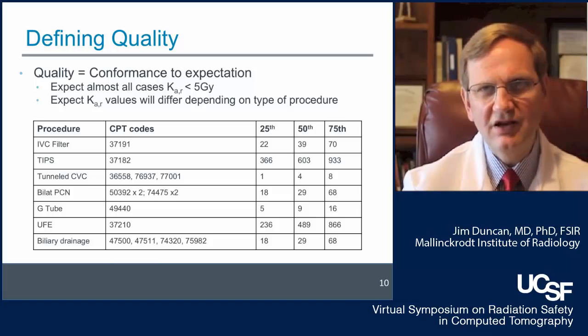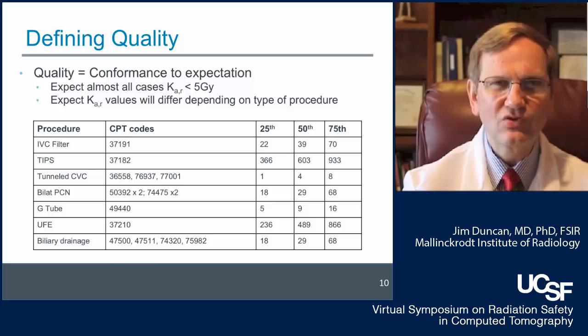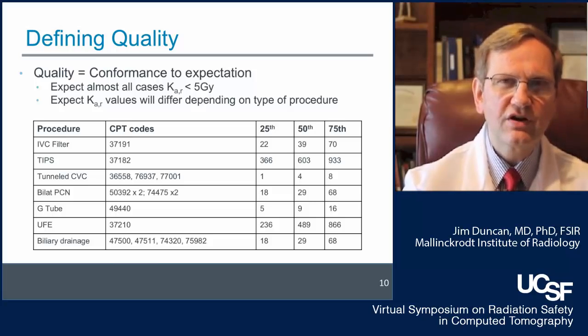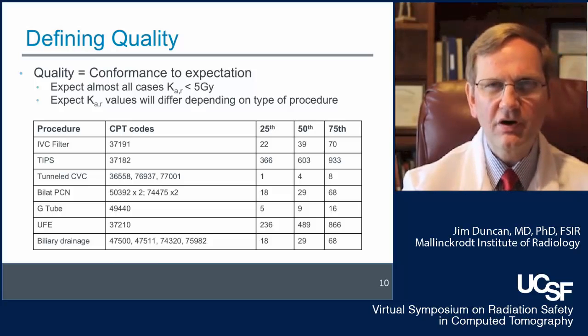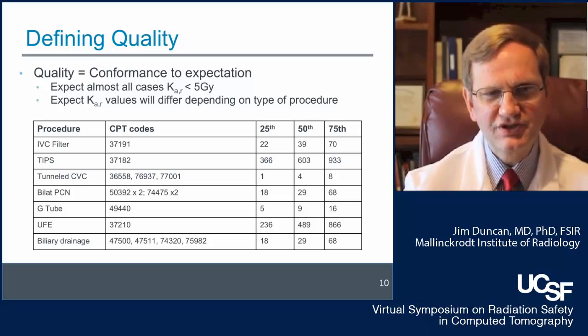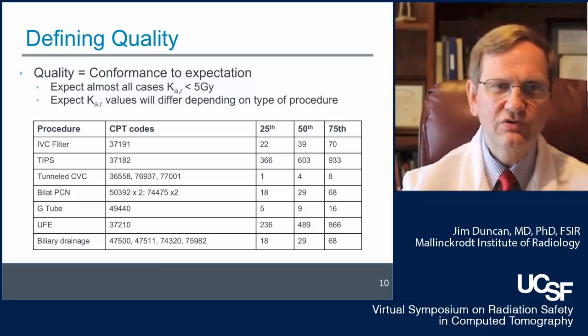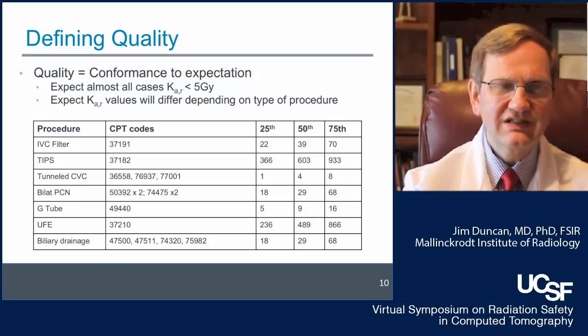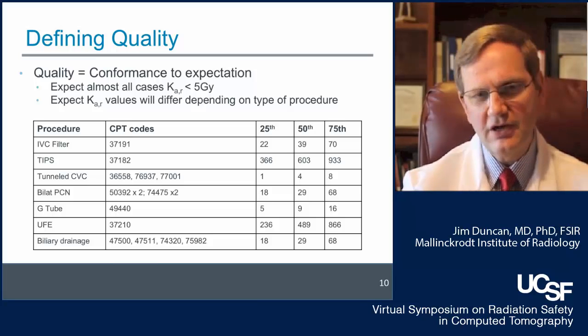We don't expect PICC lines to get to 5 gray. We don't expect central lines to get anywhere near it. And so we've started to pull apart and look at expected values for different common procedures. And I'm showing you in milligray that filters, central lines, G-tubes, the 50th percentile is less than 50 milligray.